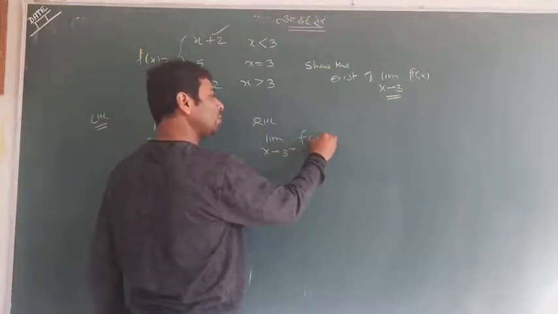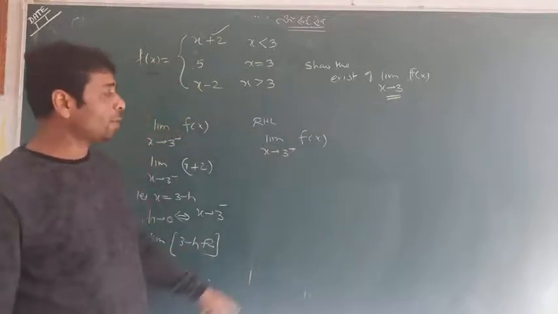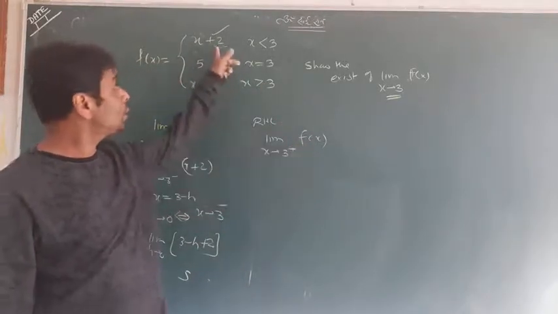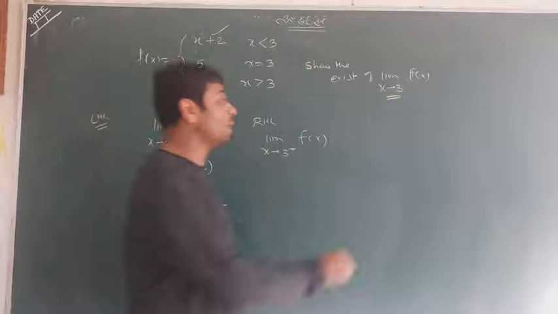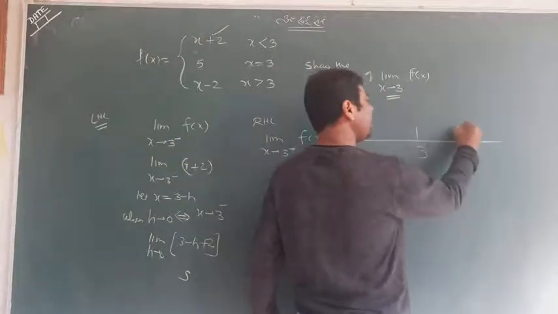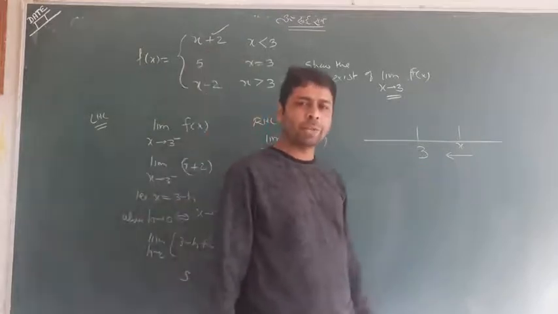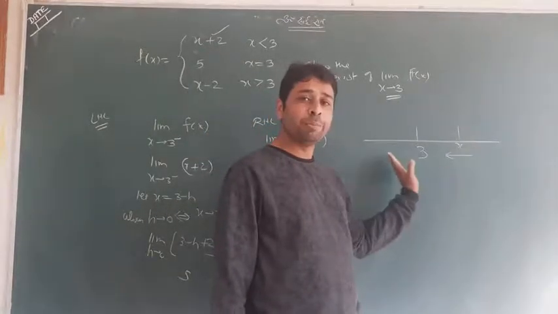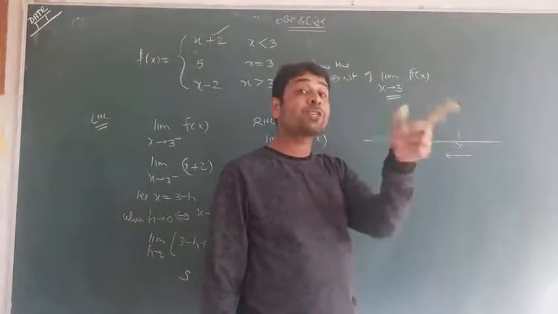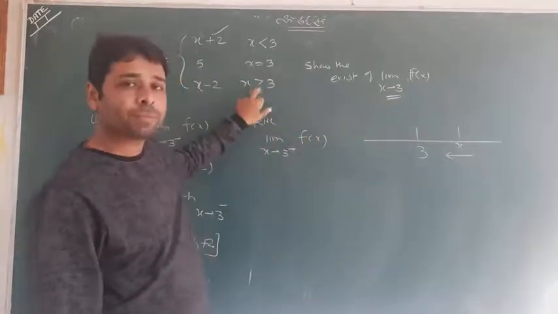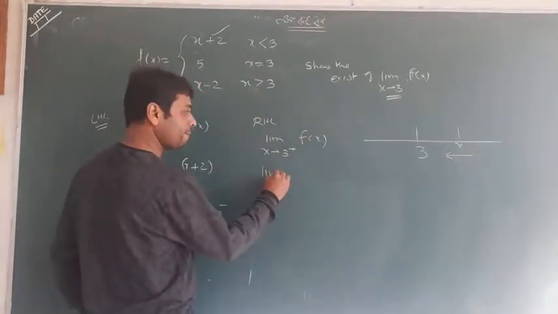This is my function. So again the question lies here: what is the function value, this or this? It means x tends to 3 plus. Now this is my 3 and x is coming from the right direction. When you see the simple number line, you will feel that x is greater than 3 because x is on that side. So x greater than 3, and the function will be chosen this one.